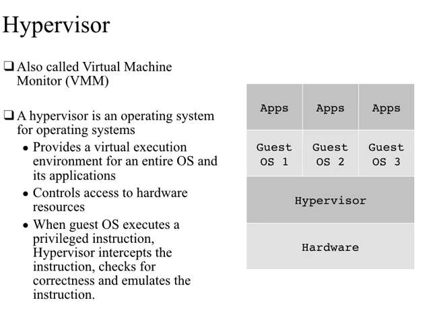So the way guest operating systems work is that whenever the guest OS wants to do a privileged operation, it will execute a privileged instruction. But since the guest OS is not the most privileged software in the system, the instruction would be trapped by the hypervisor. The hypervisor will look at the privileged instruction and then it would emulate that instruction on the underlying hardware.